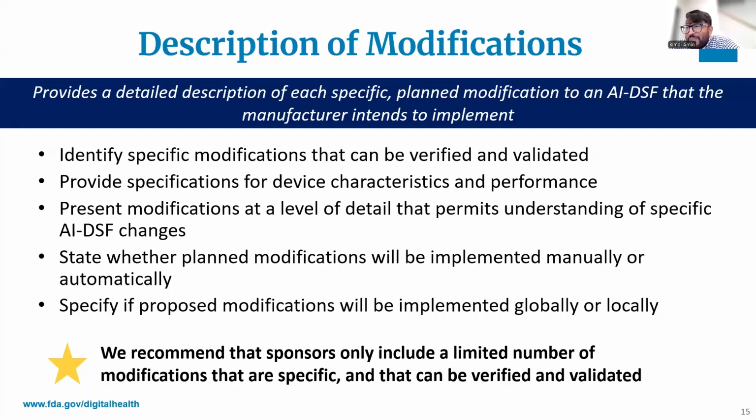While we understand that you may want to include a wide variety of proposed modifications, we recommend keeping the number manageable. If you include too many, it becomes very difficult to provide the level of detail FDA needs for each one in the modification protocol and impact assessment, and that may complicate the review. Think of it this way. A few well-defined modifications will serve you much better than a long list of vague ones.